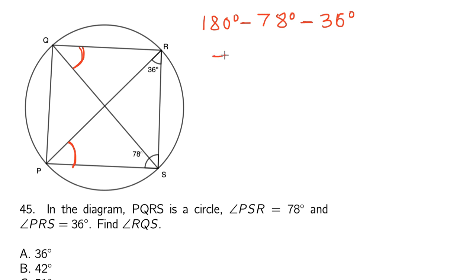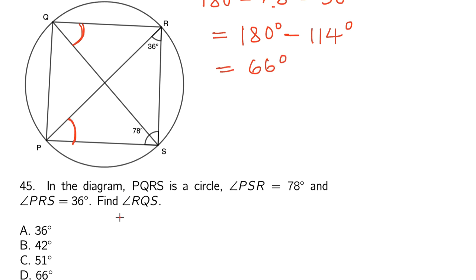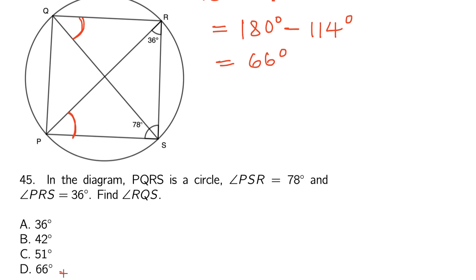And what does that give us? This is the same as 180 minus, now 78 plus 36 is what? Is 114. So doing the subtraction, what do we get? We get 66 degrees, and that is D.